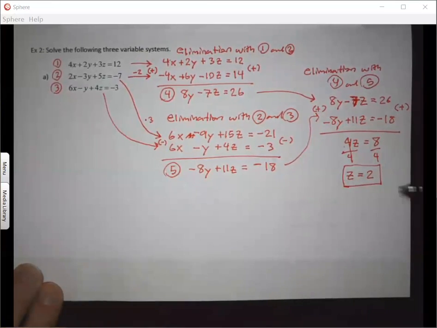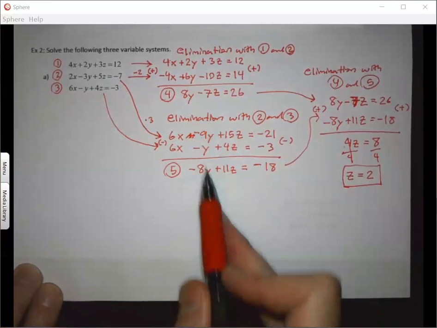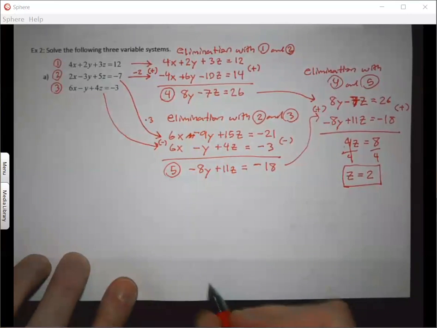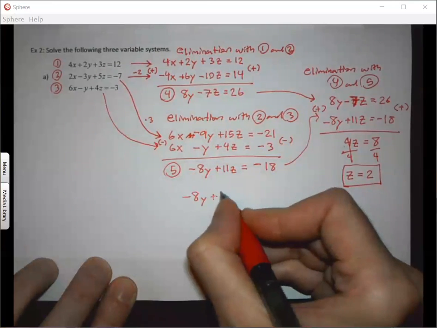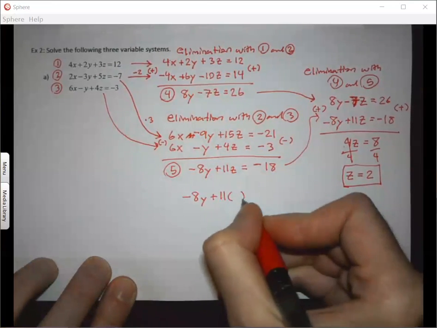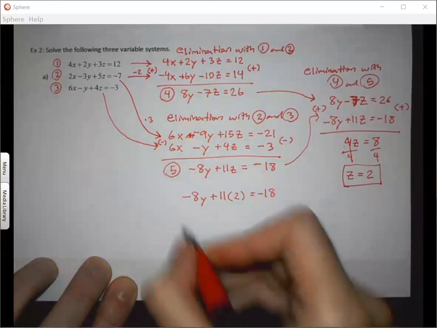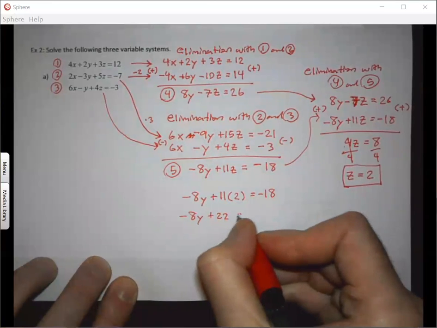Once you've found one of the variables, we can work backwards to find the others. I can take z and plug it into 4 or 5. Just go ahead and use 5. So -8y plus 11z, which we know now is 2. 11 times 2 is 22.